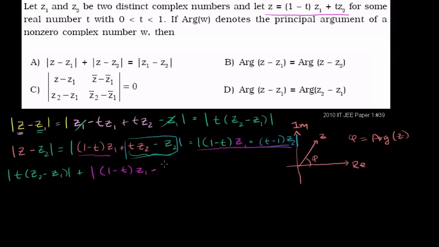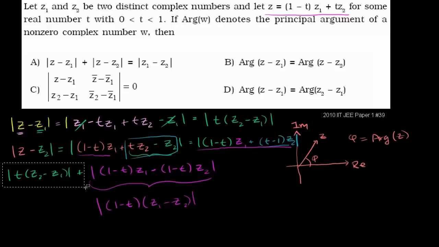Negative (1 minus t) is the same thing as positive t minus 1, times z2. And since I have the 1 minus t out there, this becomes the magnitude of (1 minus t) times (z1 minus z2).